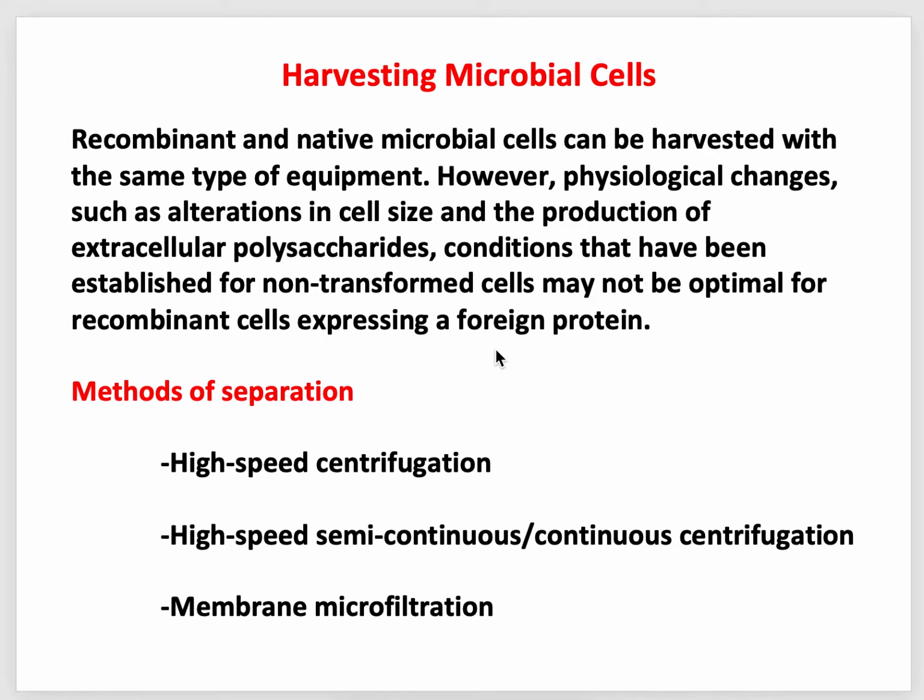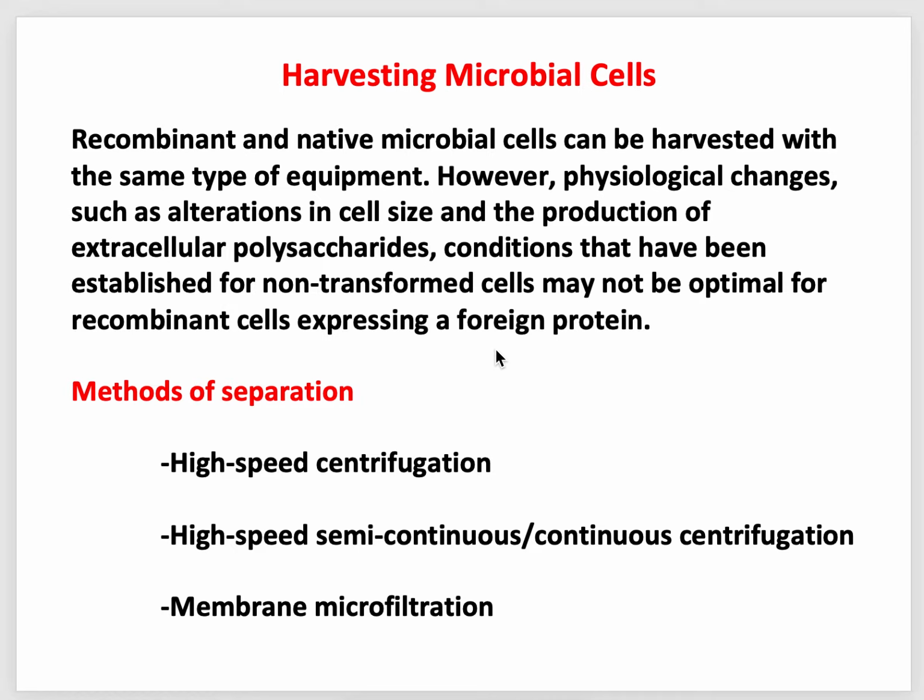The centrifuges that are used in the industry are different from the centrifuge machines that we use in our laboratory, because the centrifuges in our laboratory usually have less capacity. They cannot handle too many liquids.